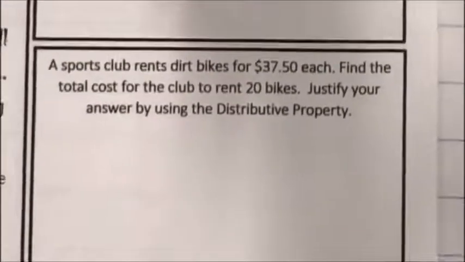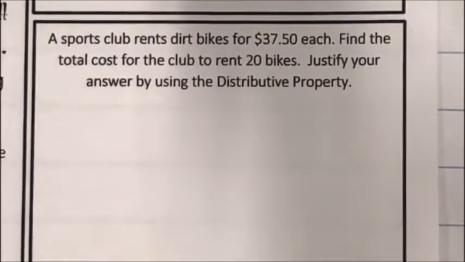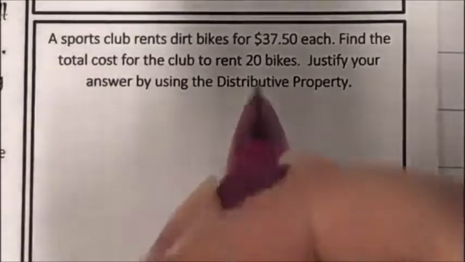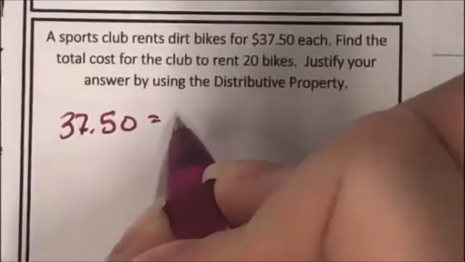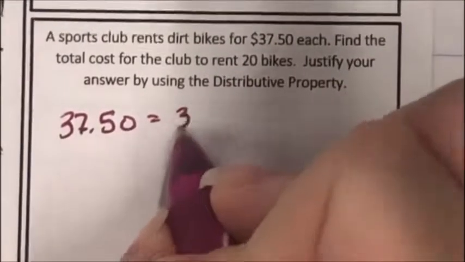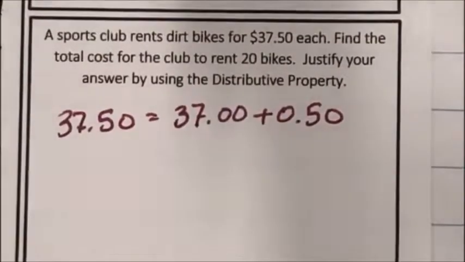The third try it problem says a sports club rents dirt bikes for $37.50 each. Find the total cost for the club to rent 20 bikes. Justify your answer by using the distributive property. So just like the example that we did with Mr. Ito buying the batting helmets, I'm going to say that $37.50 is equal to $37 plus 50 cents.